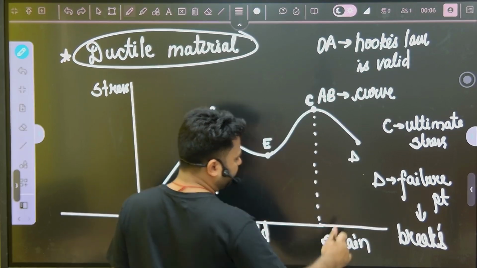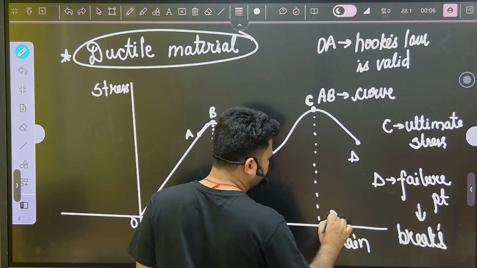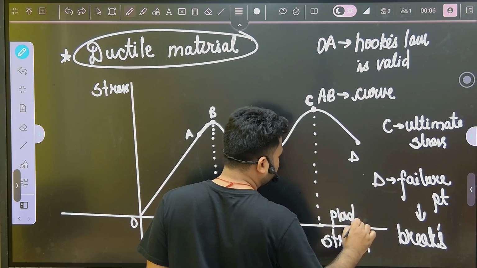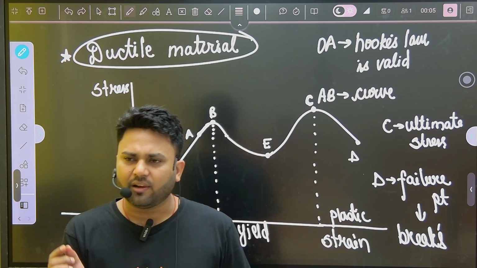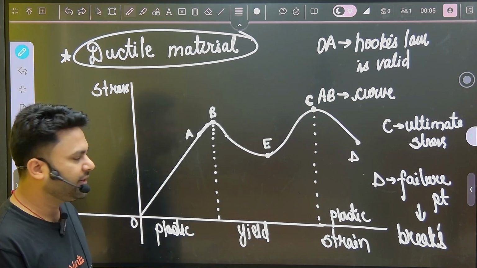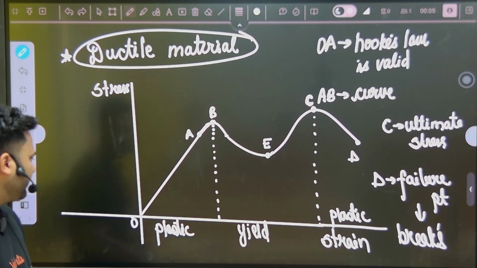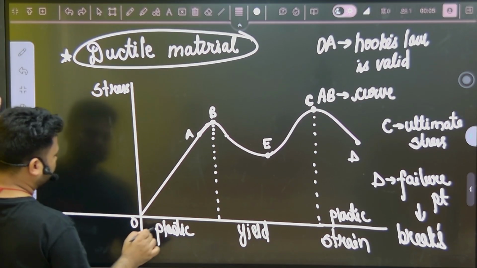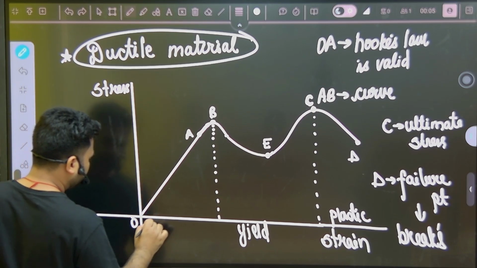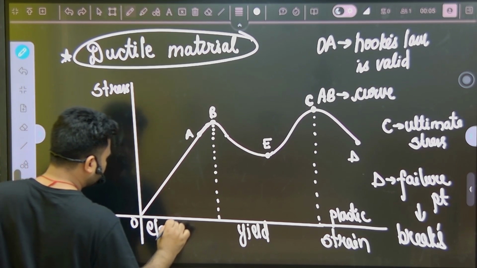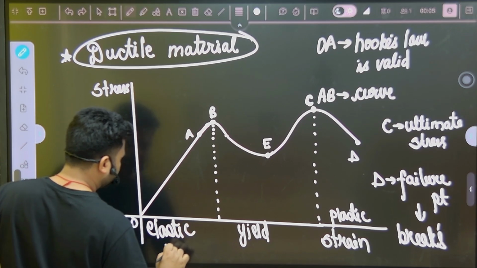And finally from C to D, this is the plastic zone, meaning the material is not going to return back even a little bit. So I define elastic, plastic and yield. This is elastic zone.